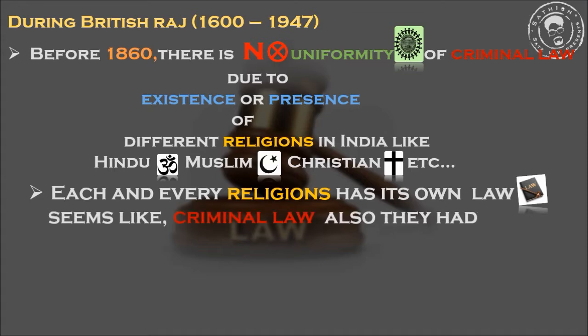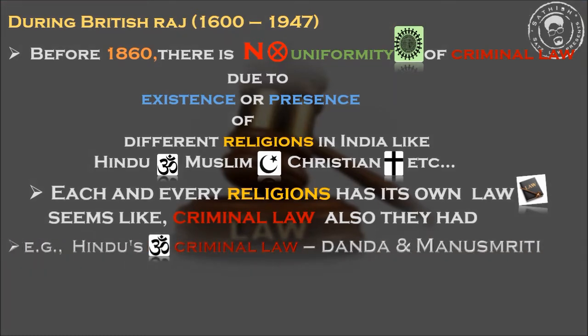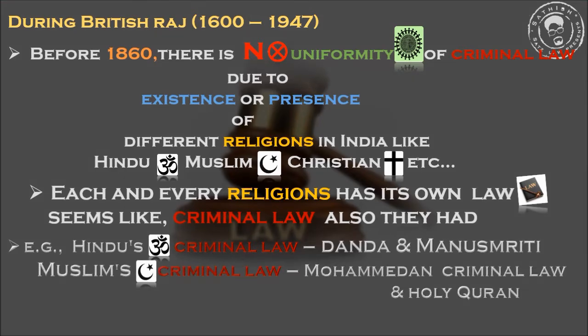For example, for Hindus, the Dharmashastra and Manusmriti were used. For Muslims, Mohammedan criminal law and the Holy Quran were used. Because of that, there was no uniformity of criminal law in India.